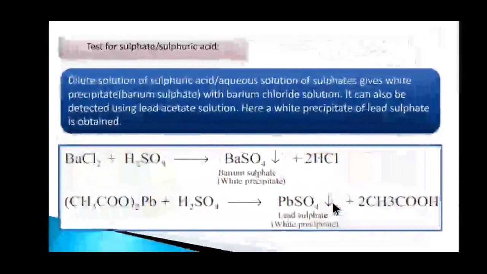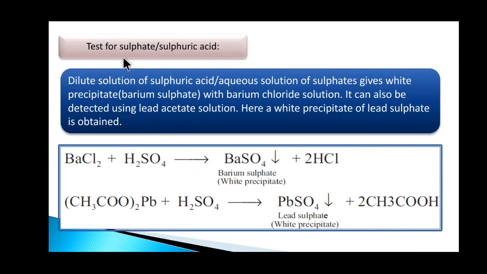Next we are going to see the test for sulfate. Sulfuric acid is used to test for sulfate compounds. A dilute solution of sulfuric acid and an aqueous solution of sulfate gives a white precipitate, for example barium sulfate with barium chloride solution. It can also be detected using lead acetate solution, where a white precipitate is also obtained.